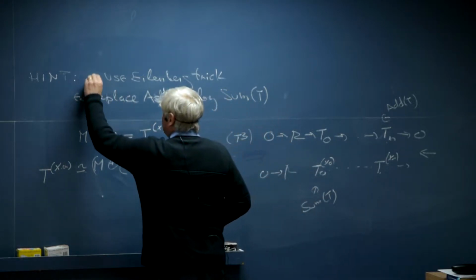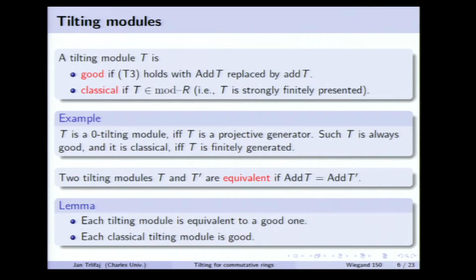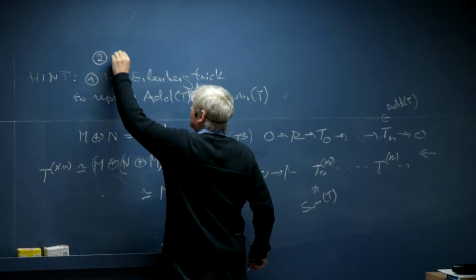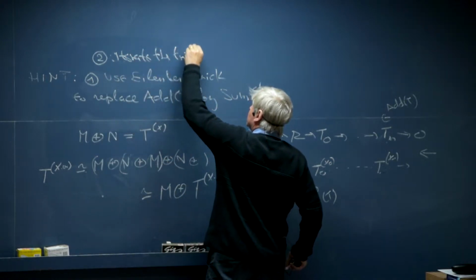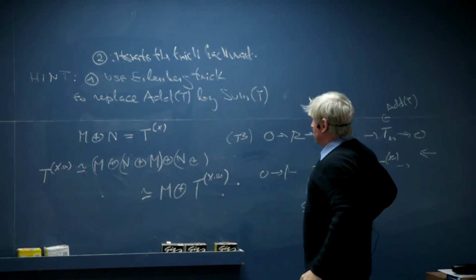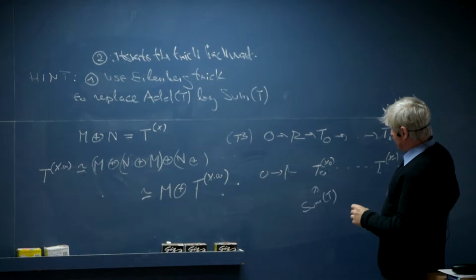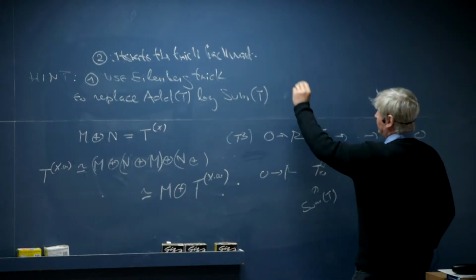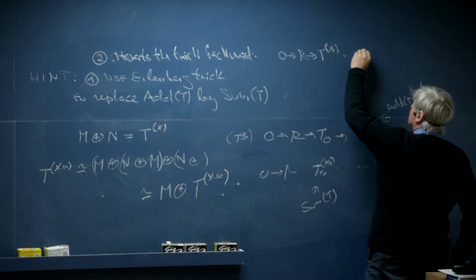So that's number one. And then you use this for the first part of the lemma, showing that each tilting module is equivalent to a good one. The second thing is to iterate the Eilenberg trick backwards. And then what you get, you go back, and eventually you get an expression like R, T^X0, ..., T^Xn.